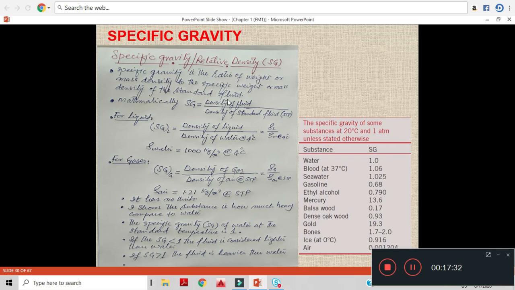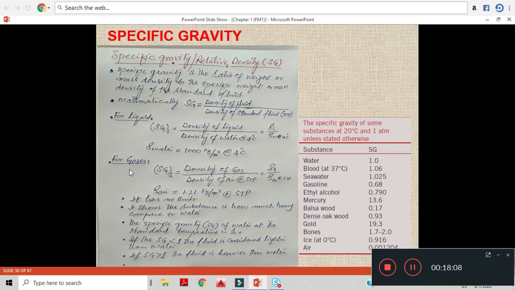In fluids we have two entities, liquid and gas. For a liquid, the specific gravity is equal to the density of the liquid divided by the density of water at 4 degrees centigrade. So here we are considering the standard fluid to be water for the liquid, and water density is 1000 kilogram per meter cube at 4 degrees centigrade, the standard temperature.